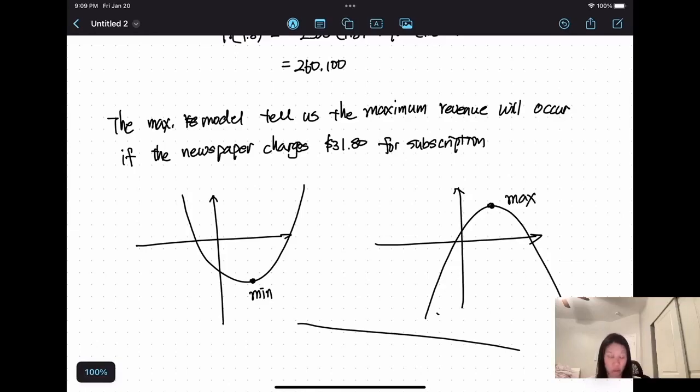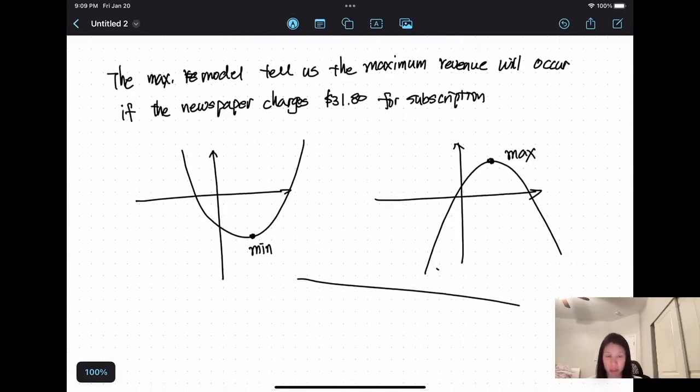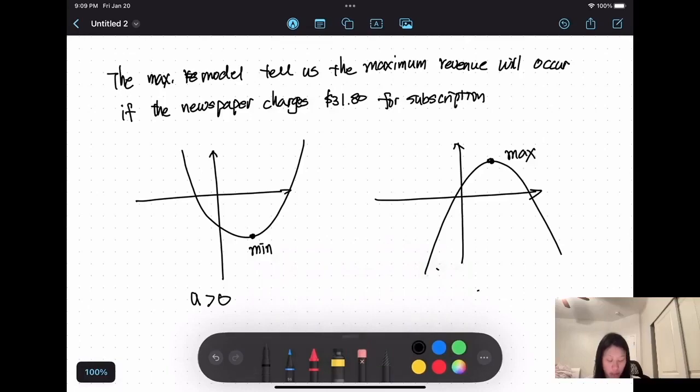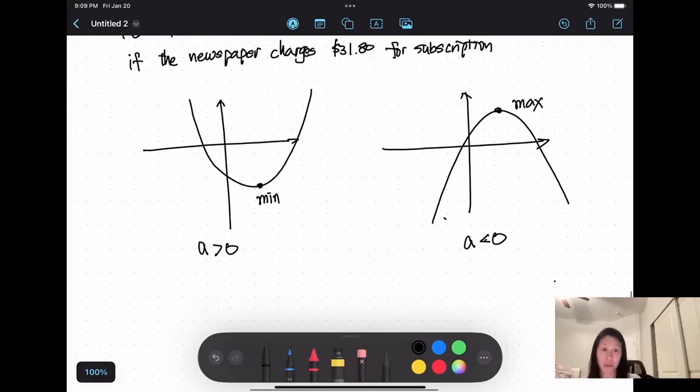They're both vertices, so what determines which one is minimum or maximum? If a is greater than 0, the graph opens up, then we will have our minimum. If the graph opens down, that means our a is less than 0, a negative number, then we will have our maximum.